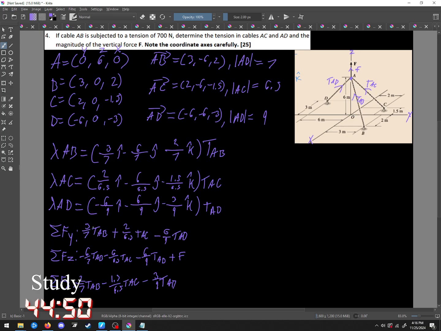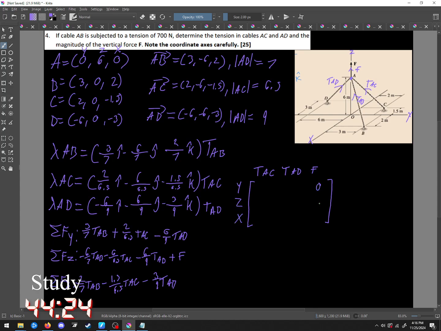since they're on this side, we want them to be moved over to the other side. We're going to have a matrix of T_AC, T_AD, and F. F's, and this is going to be y, z, and x.